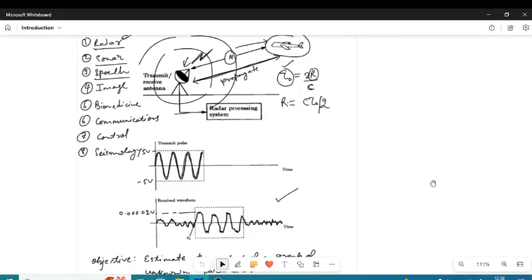Apart from that, a delay is also introduced by the radar processing system. So we get a delay tau zero plus some additional tau prime, which is the delay from the radar processing system. Then this received waveform is sampled. It is passed to an analog to digital converter.